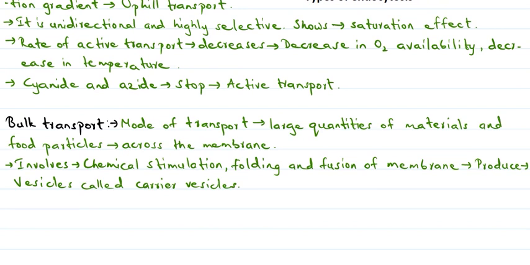This bulk transport occurs both inward and outward. The living organisms take their food in bulk in the form of large sized molecules which cannot cross the plasma membrane. So these molecules are transported by two processes.